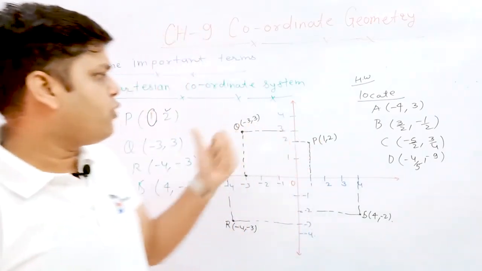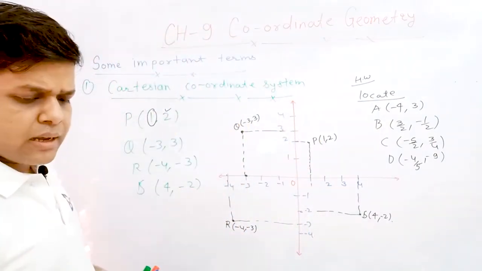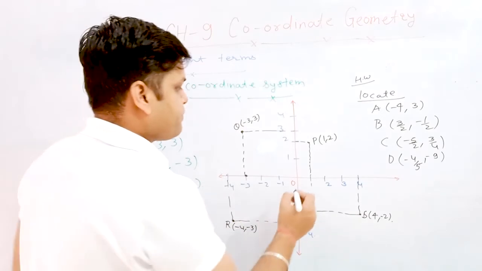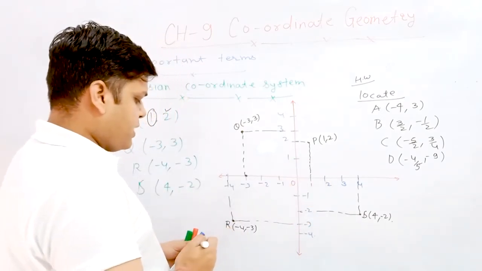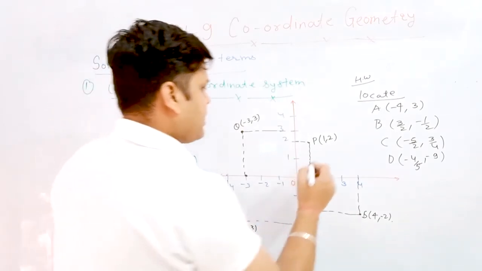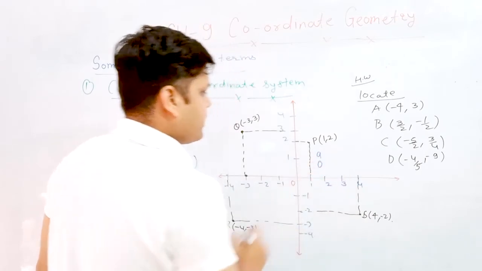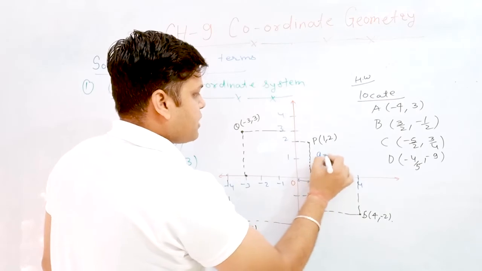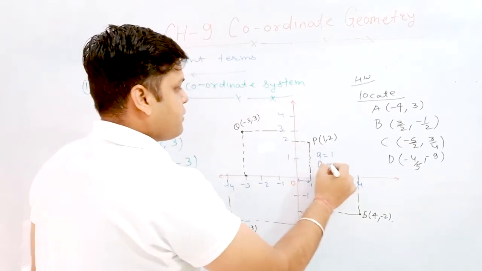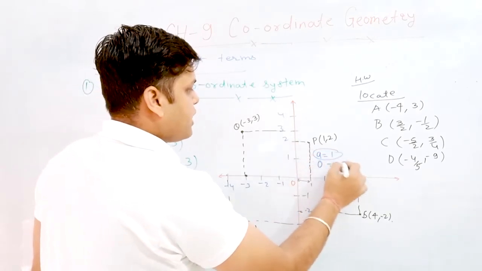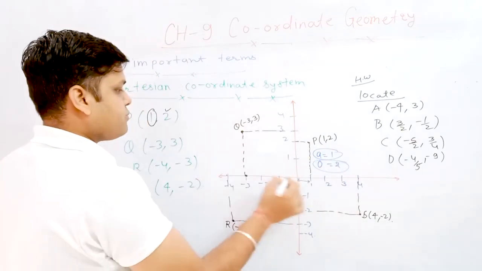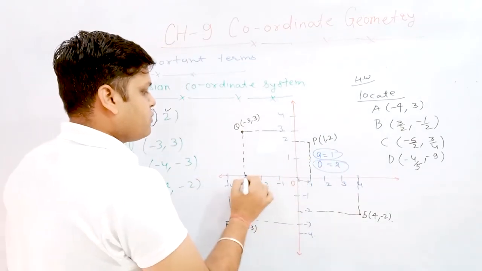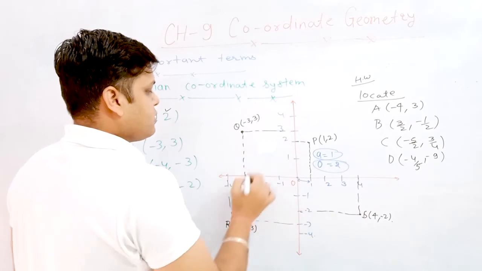So guys, first of all, here we discuss the abscissa and the ordinate. For point P, if we write abscissa as small a and ordinate as small o, the distance of x becomes 1 and distance of y becomes 2. The abscissa becomes 1 and ordinate becomes 2. Here, the distance from 0 to minus 3 is 3.